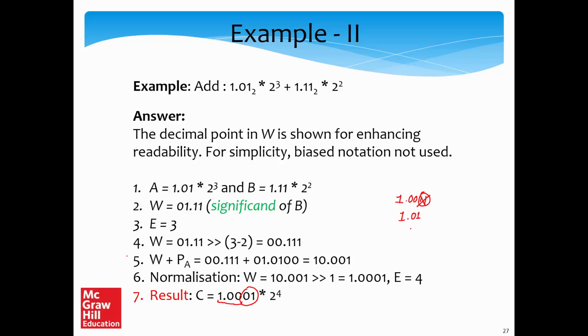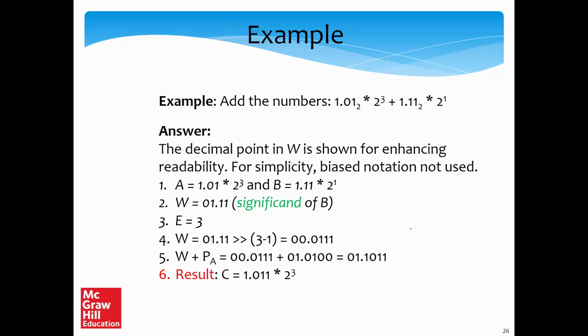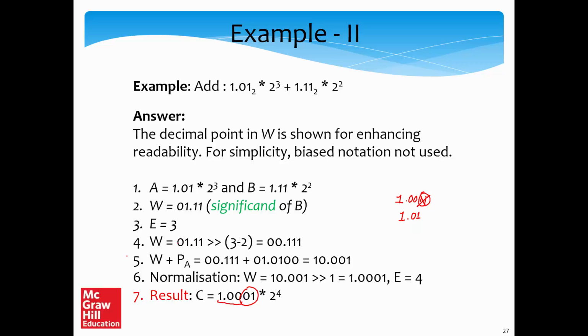So rounding is an issue, especially when the number of mantissa bits is finite, and this issue has to be considered. Let us first define some standard terminology, and then we will talk about rounding. And why does rounding come? The reason is that we are essentially right shifting. Initially, the significand of A is of the form 1 point something for 23 bits, that's fine.